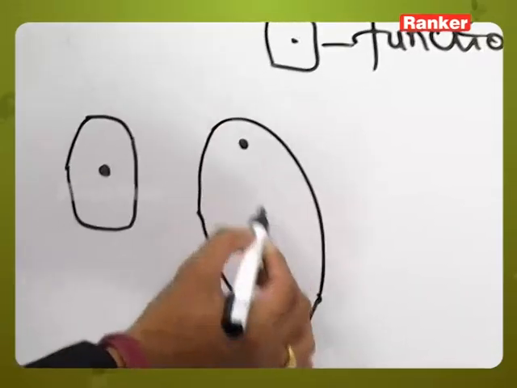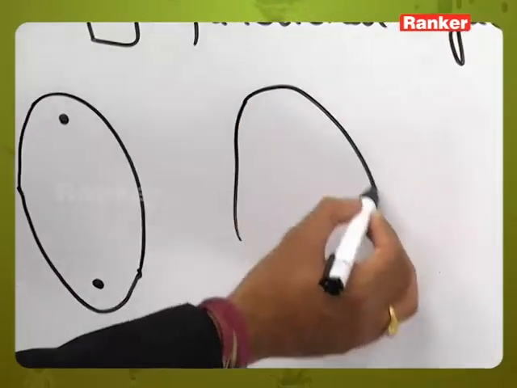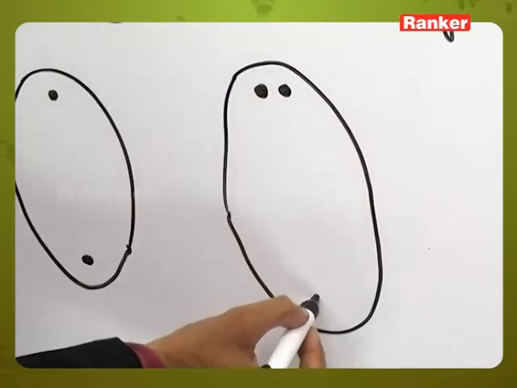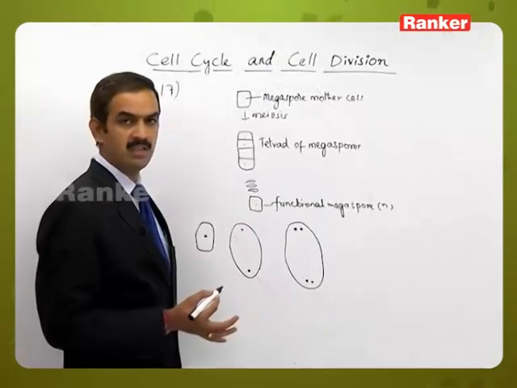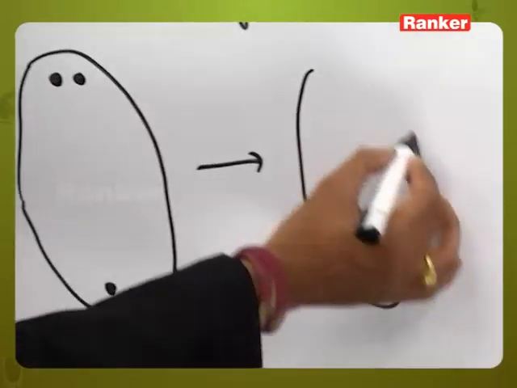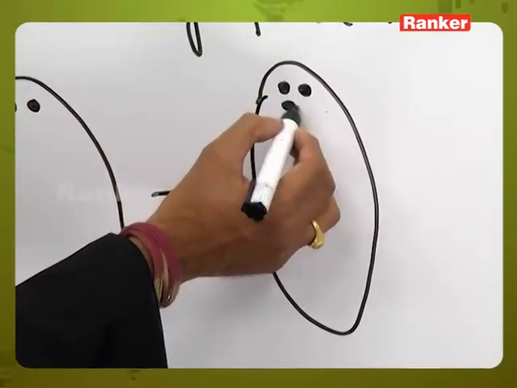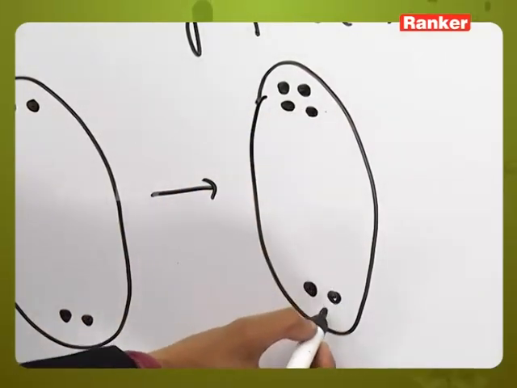Each nucleus further divides to form two nuclei on one pole and two more on the opposite pole. The two nuclei on the upper pole will divide by mitosis to form 4 nuclei, and the two lower ones will divide to form 4 nuclei.